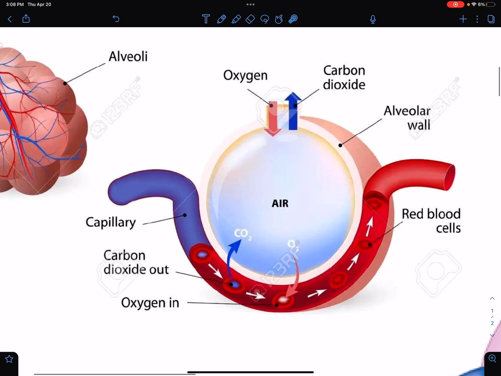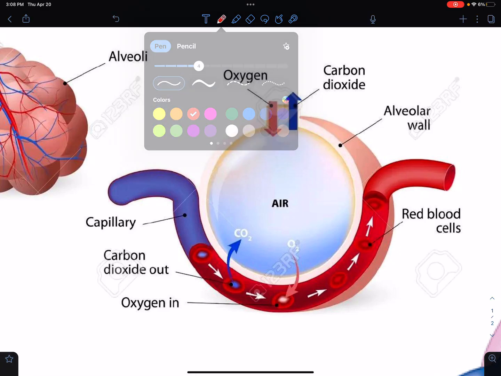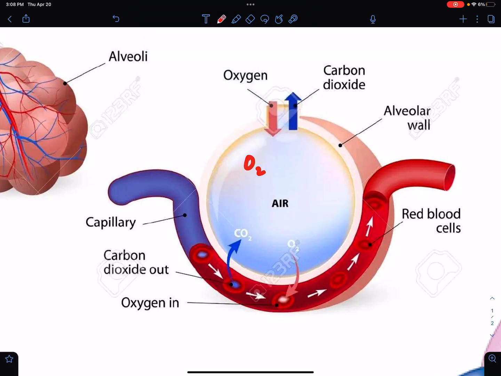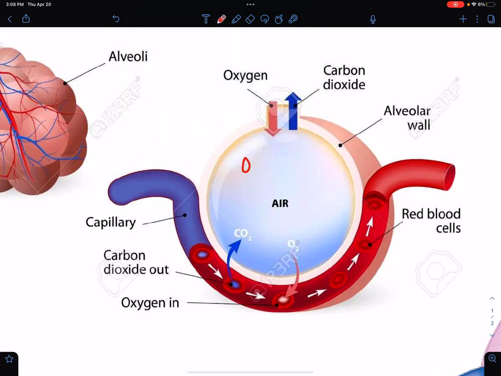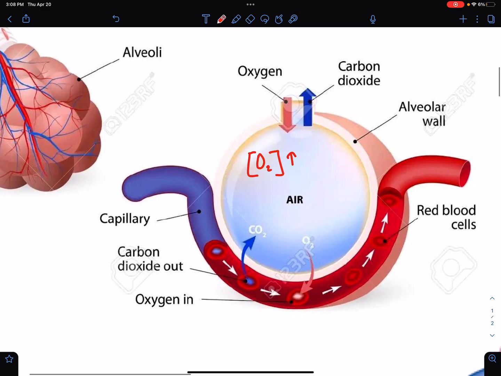So in the airspace within the lungs, the oxygen concentration is going to be high relative to the blood vessel here, where O2 concentration is going to be low.